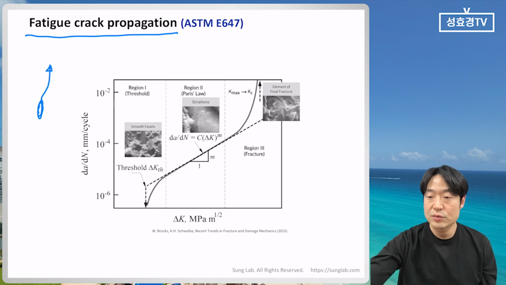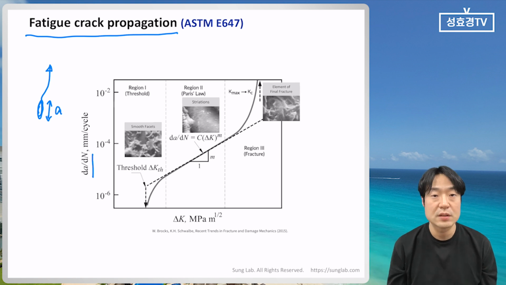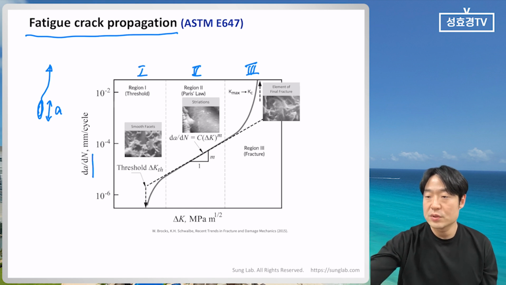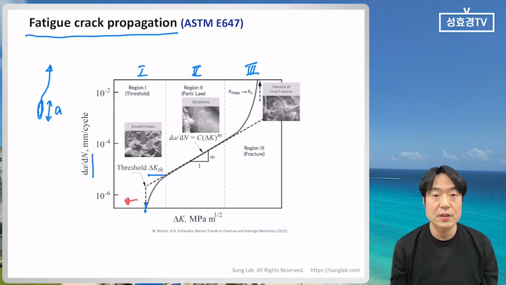Here, the da/dN curve means a is the length of the crack and N is the number of cycles, so it is the speed or growth rate of the fatigue crack. It can be characterized into region 1, 2 and 3. In region 1, the delta K threshold is very important. When delta K is lower than this, the fatigue crack does not grow.